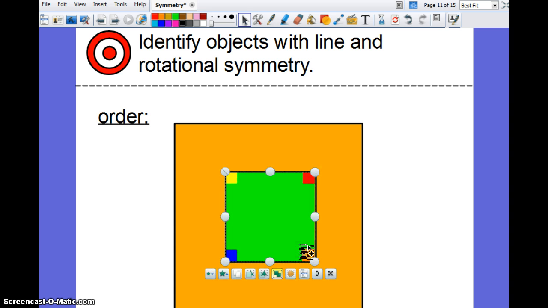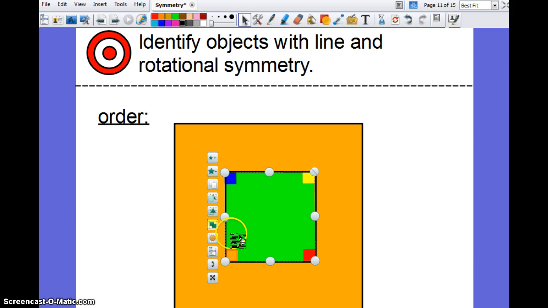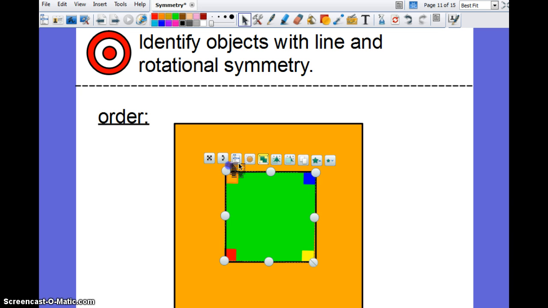Now I've rotated it 2 times. Let's rotate it again. Now I've rotated it 3 times. I'm going to rotate it one more time because remember I started with the orange square up there. So it took 4 times to rotate it around until it came back to where it started. So its order is 4.